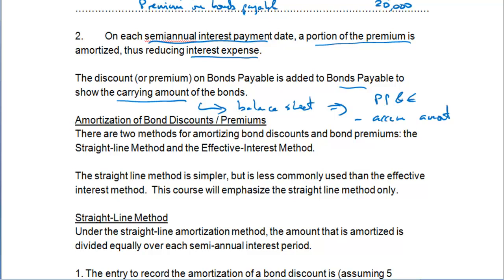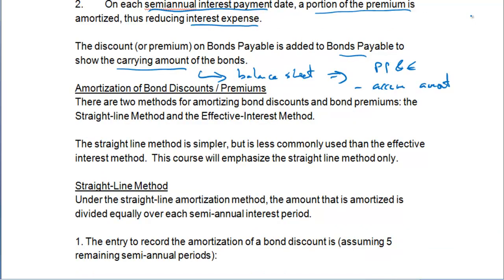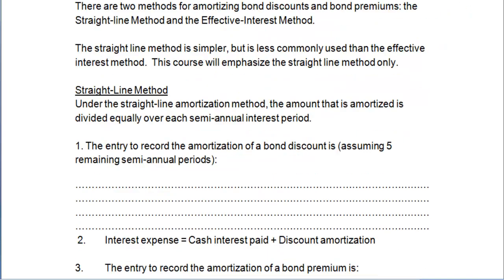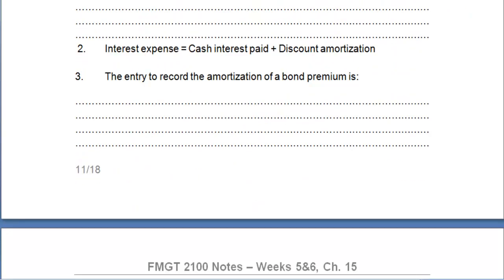Okay, so we now have this amortization of the bond discount or premium to deal with. We've set up our journal entry. We've established this premium on bonds payable or discount on bonds payable, and if you recall, I'll draw another picture down here. Over the life of the bond, that's the maturity, this is time along this axis.